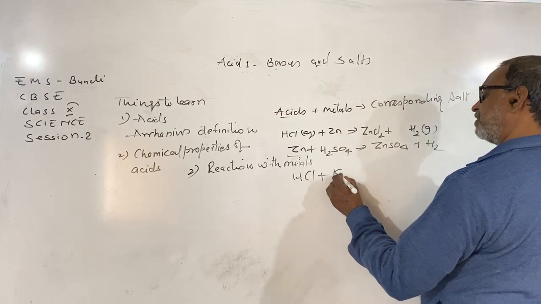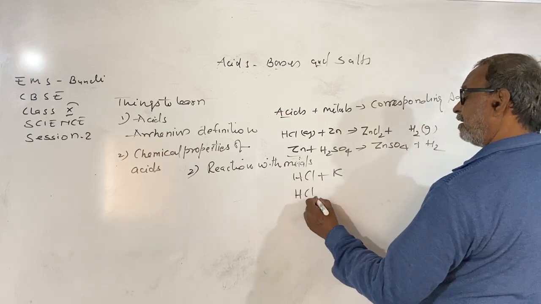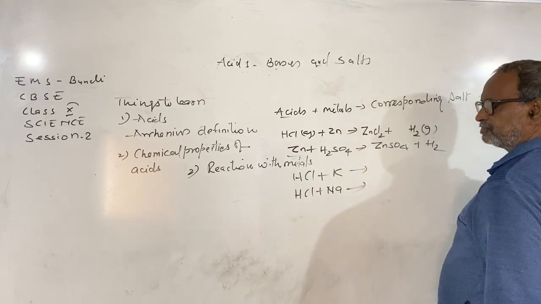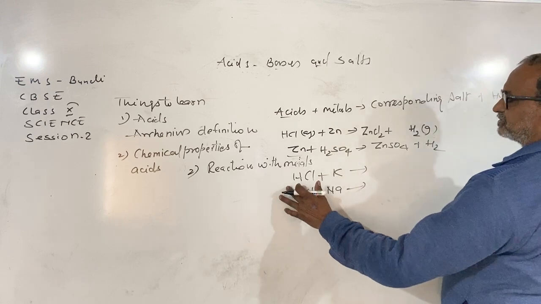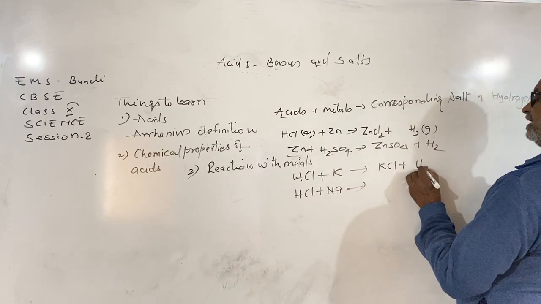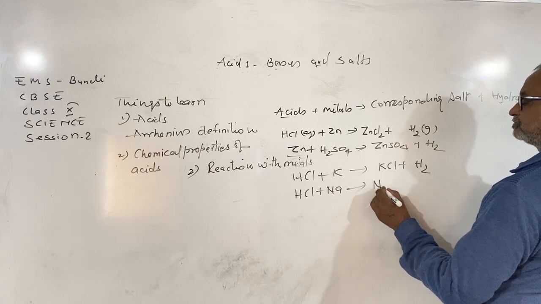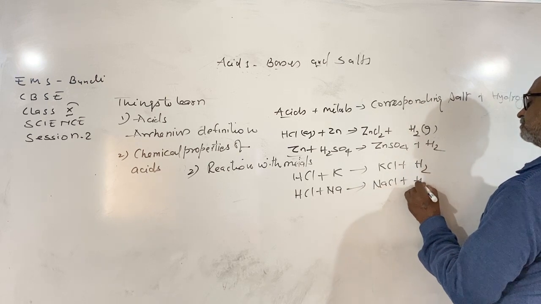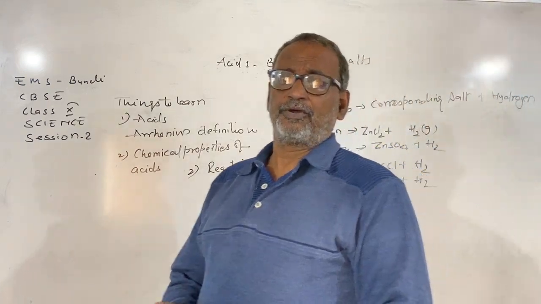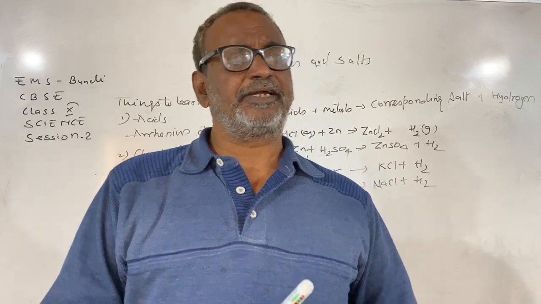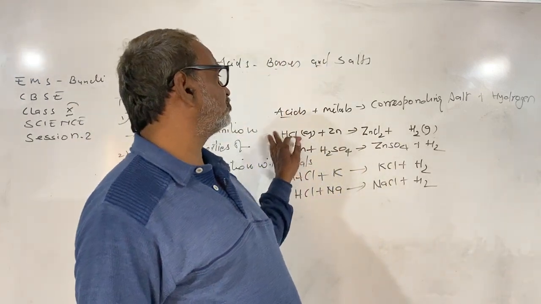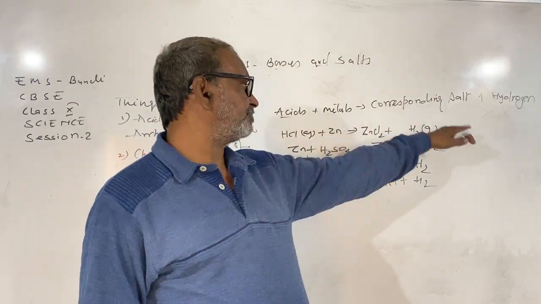Metals like potassium and sodium are highly reactive and they react vigorously with acids to form corresponding salt and liberate hydrogen gas. One thing is to be noted, that acids do not react with all metals to liberate hydrogen gas.